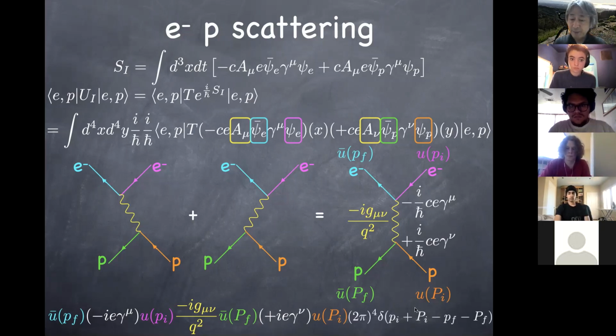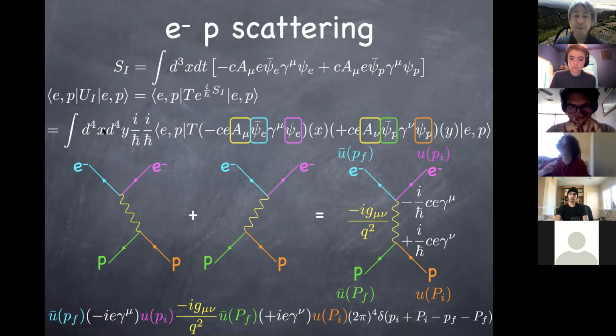Okay, and I forgot to mention this energy momentum conservation factor, which simply comes from the fact that each creation or annihilation operator comes with an e to the iPx kind of factor. And I'm supposed to do x and y integrals. So the y integral will produce a four-dimensional delta function that p_i minus p_f equals q from this vertex.